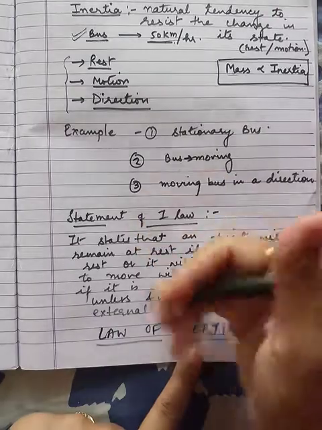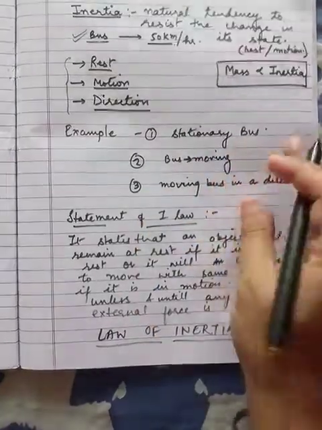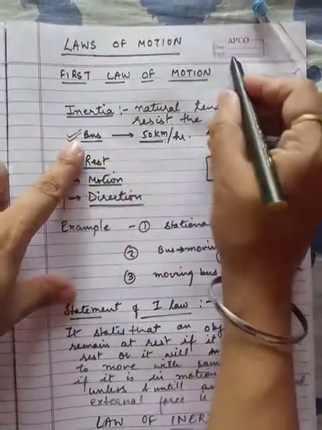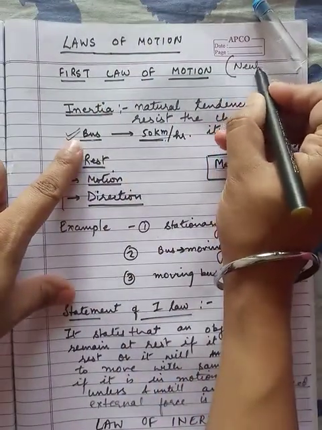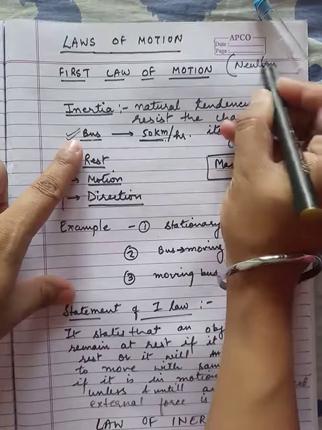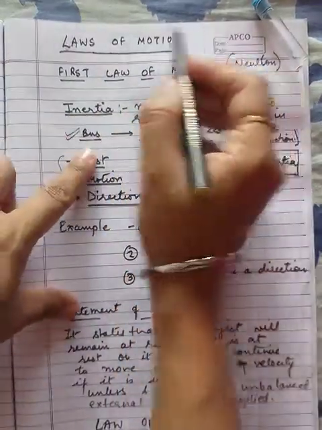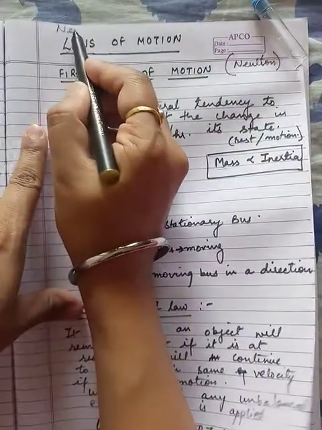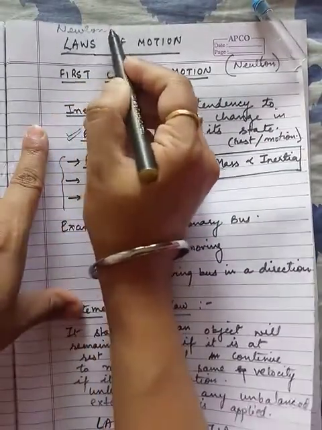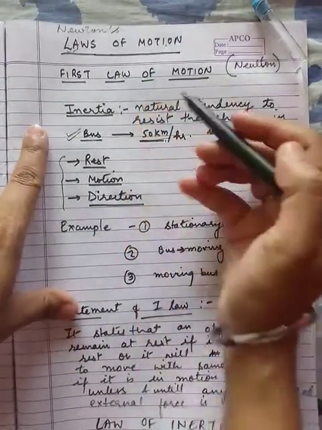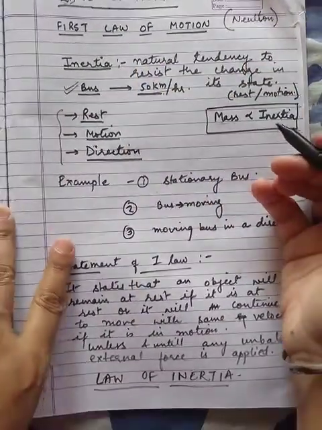All these laws are given by Newton, we all know. So laws of motion are also known as Newton's laws of motion. Fine. I hope you understood this topic well. Thank you.